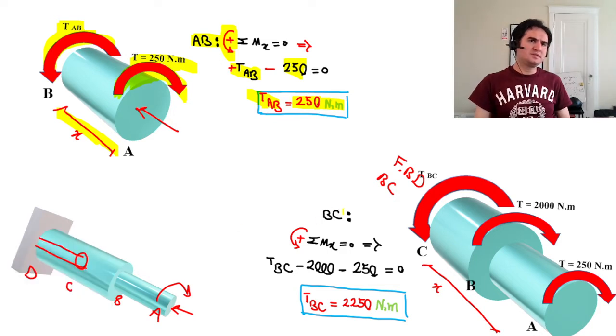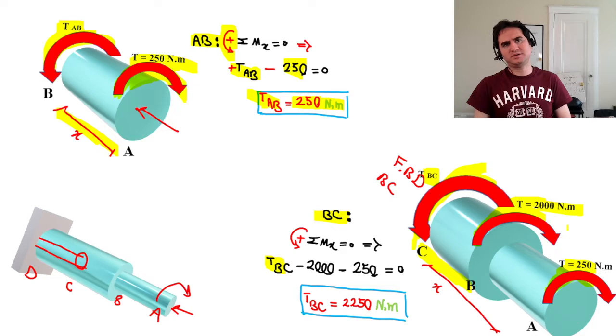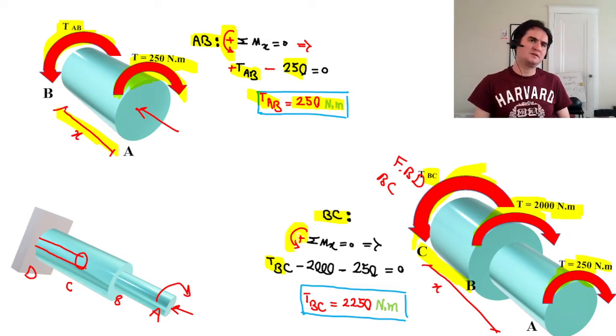We do the same process for part BC, including the previous torsion. TBC, the torsion of BC, which is counterclockwise, should cancel out the two other torsions applied on the structure and provided in the problem statement. That's a positive counterclockwise direction, like the previous part, and sigma Mx should go to 0.